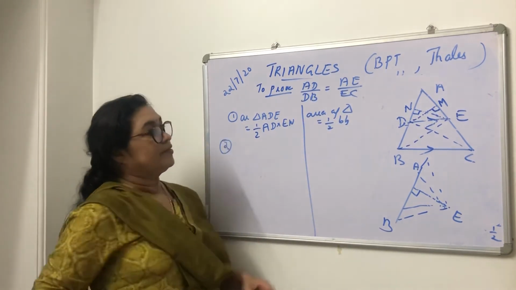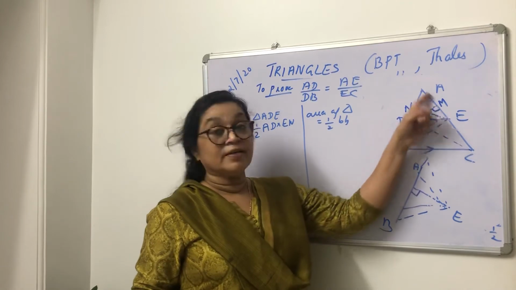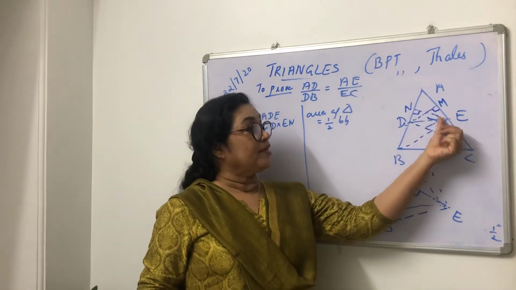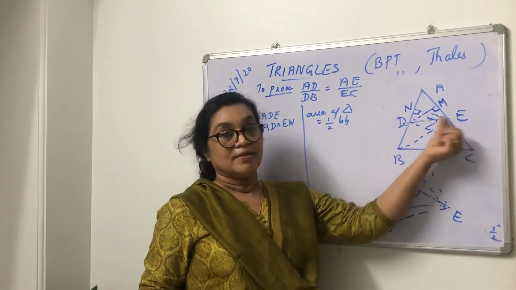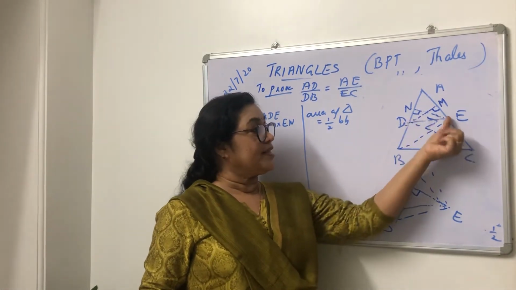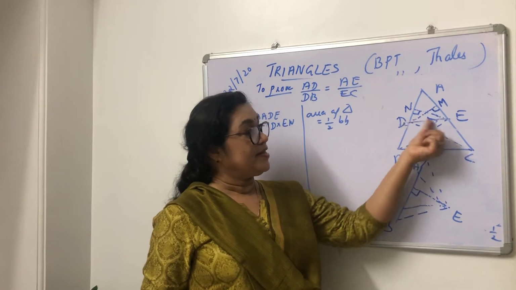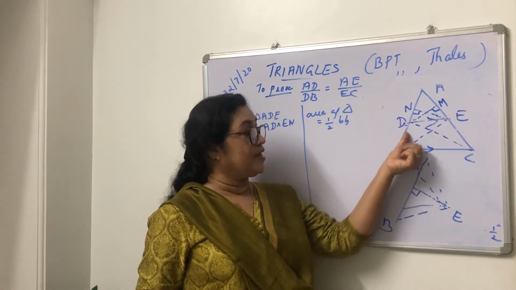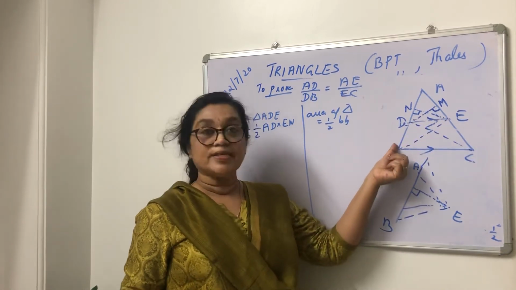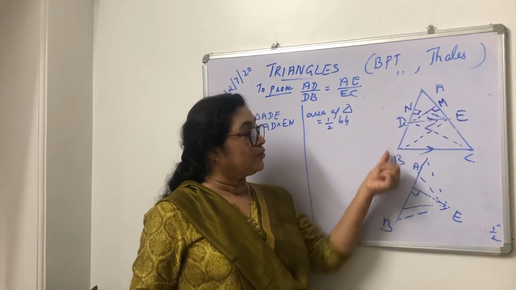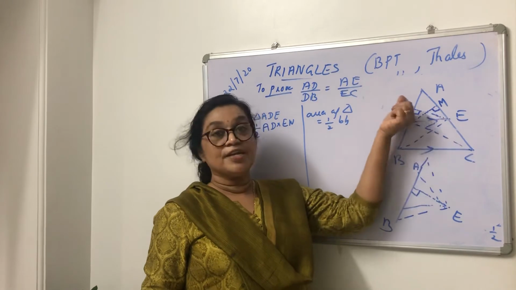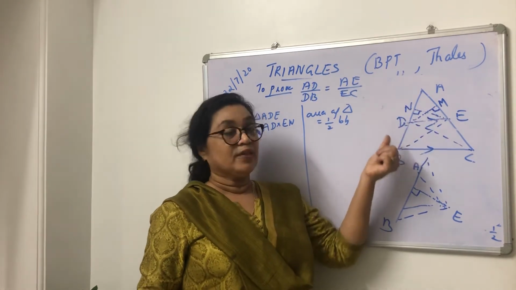Second point, here this is one triangle and another triangle is this. So I am taking BDE. See this triangle BDE. Base is BD. But what is the perpendicular to this line? EN. So EN is perpendicular to BD.